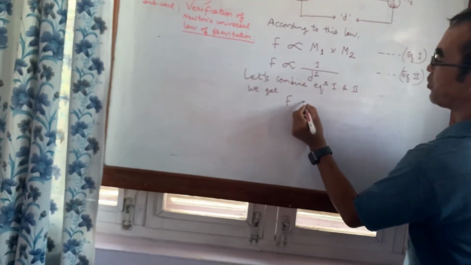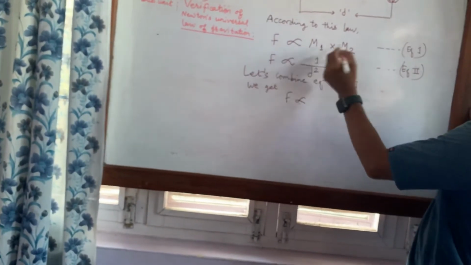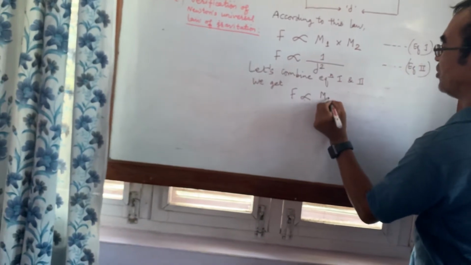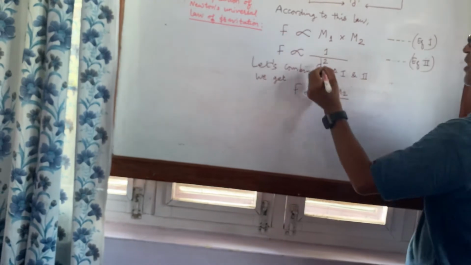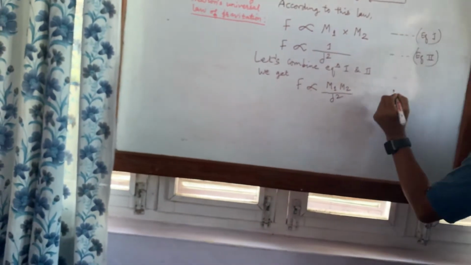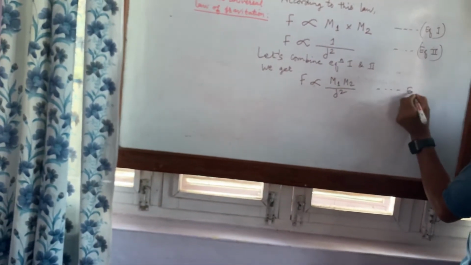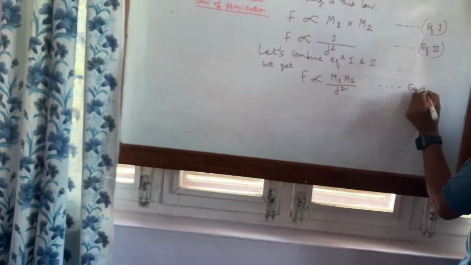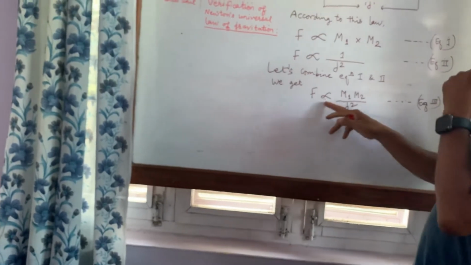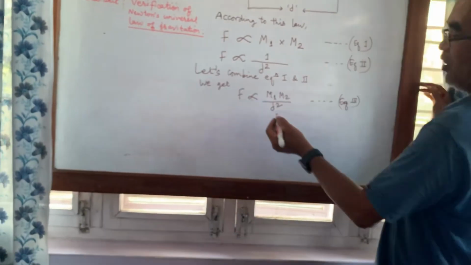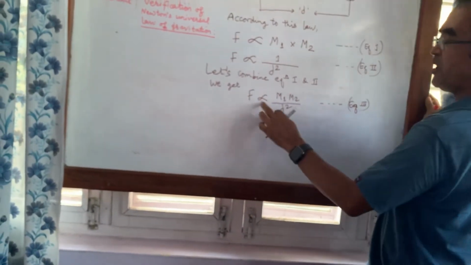We get F proportional to m1 m2 divided by d square. Suppose it is equation number 3. Now what to do to remove this proportional sign?